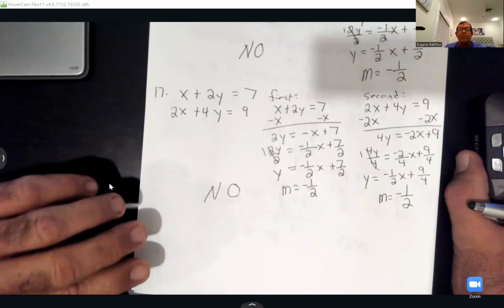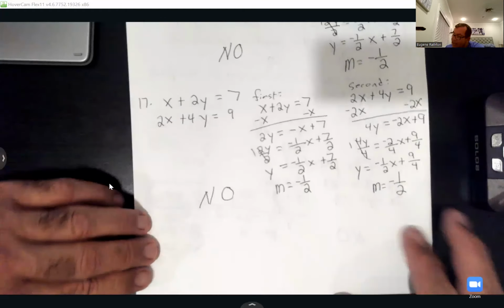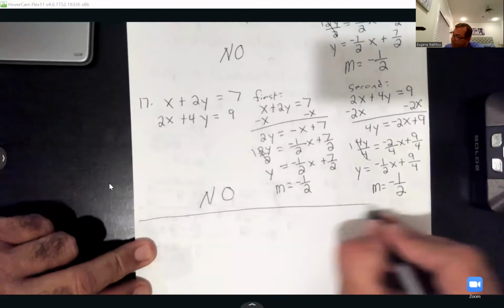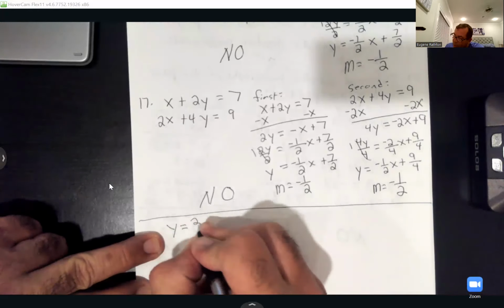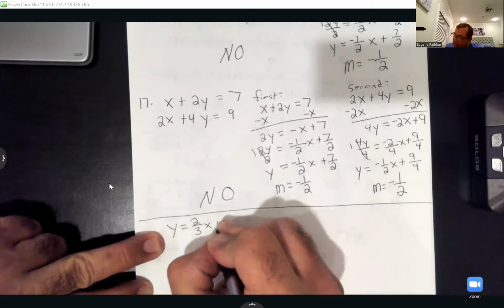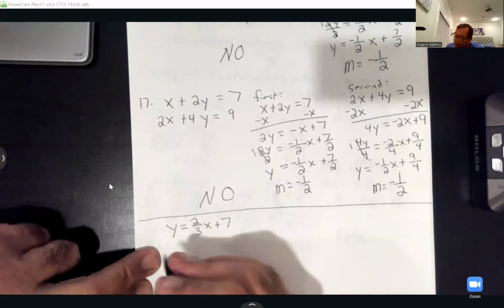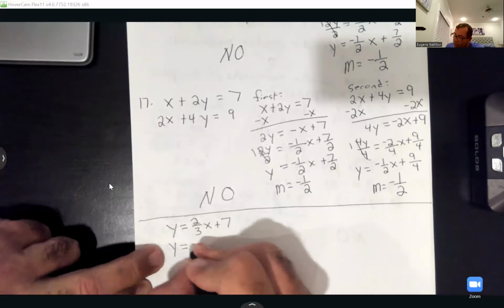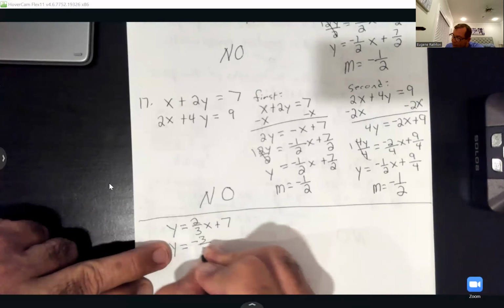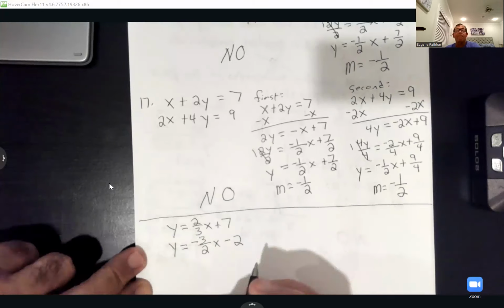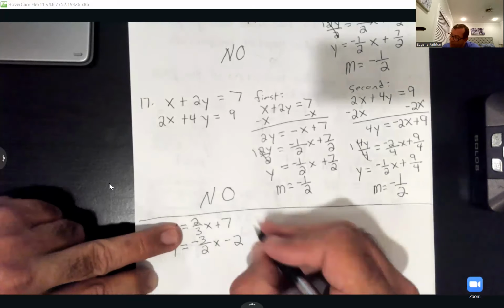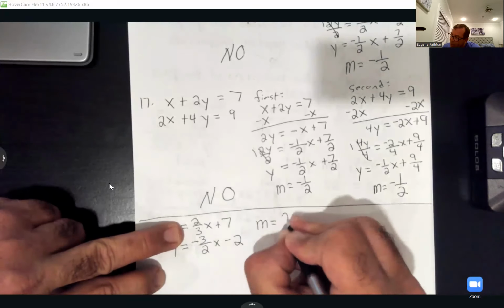So let me show you an example of one that is perpendicular. So say I had y equals 2/3 x plus 7. And I had y equals negative 3/2 x minus 2. Notice the m on my first line would be 2/3.